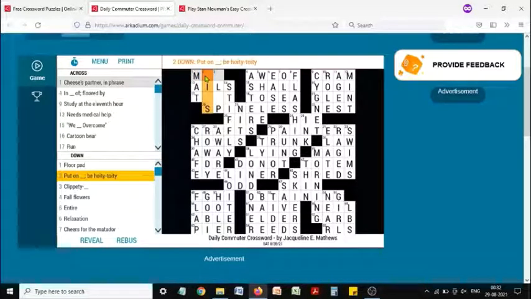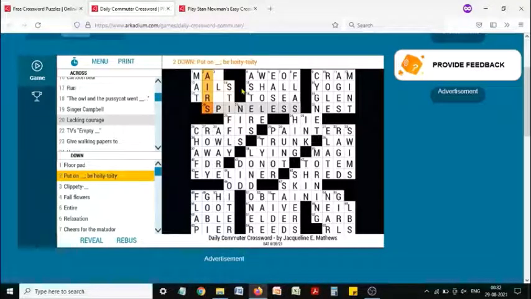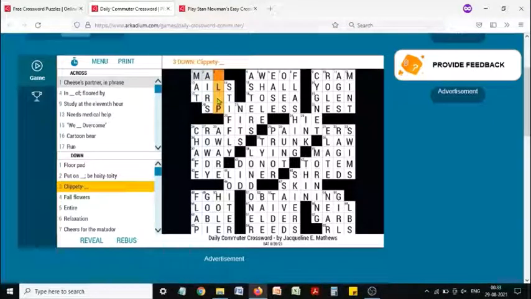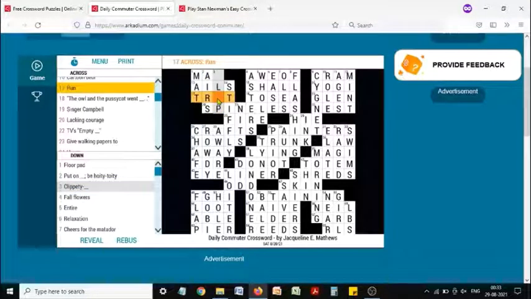Put on airs. Be hoity-toity, to just try and be snobbish or to show off. So put on airs. This should be trot. So for horses, it's a type of gait which they have. Trotting, right? So this is trot.